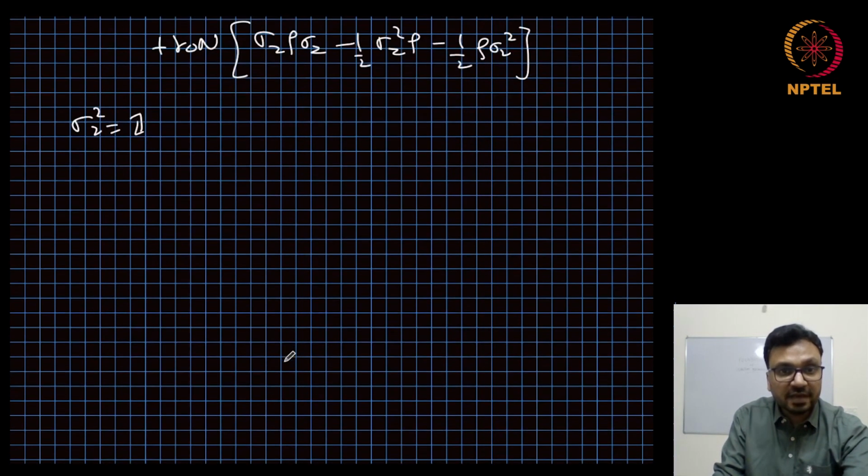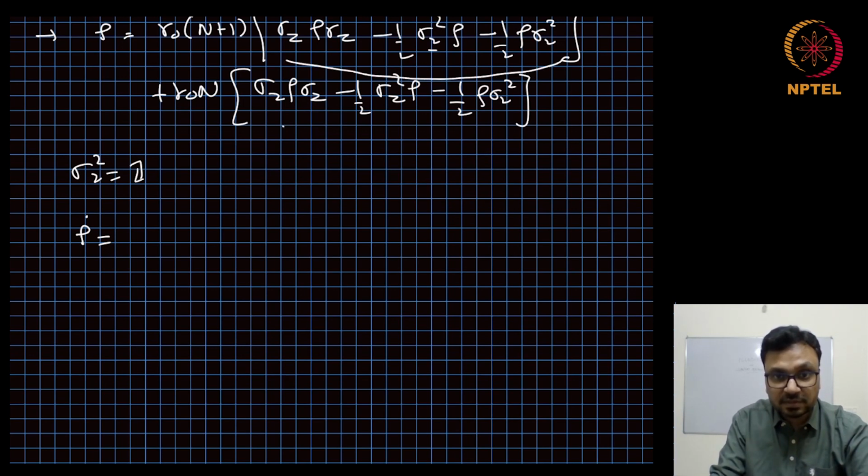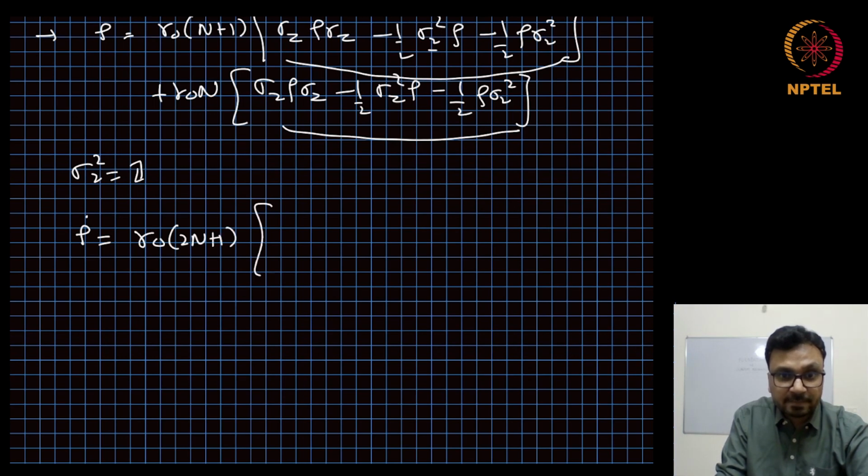So we have ρ dot equals, when we replace σ_z² with identity, these two terms are the same. We are left with γ_0 (2n+1) [σ_z ρ σ_z minus half ρ], and that is 1, so it's minus ρ.